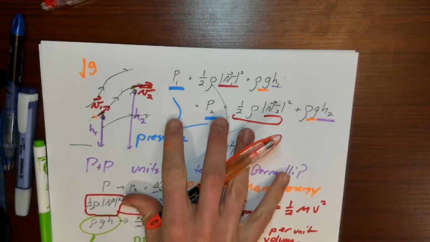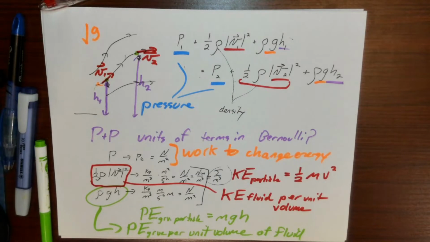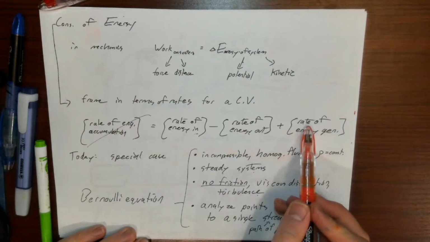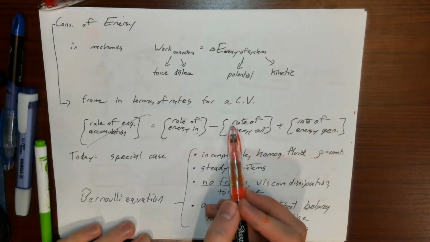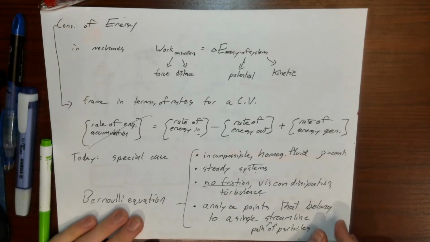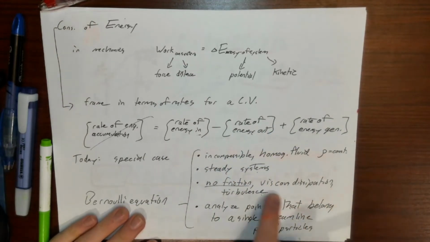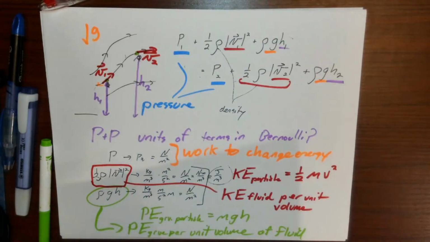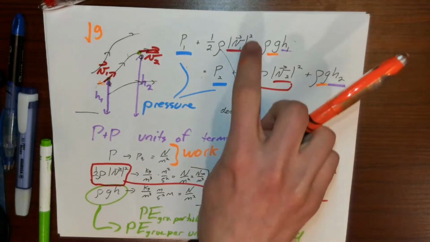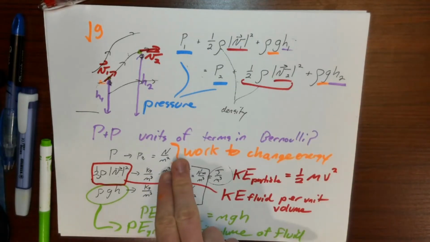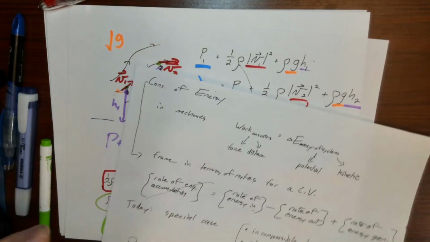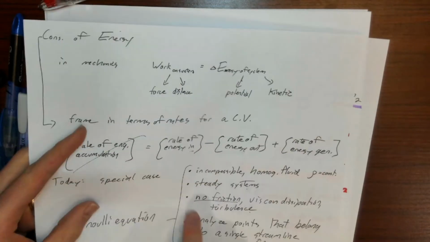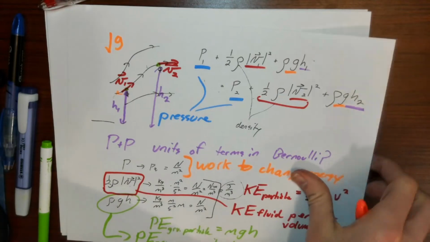We're going to use this only under a very restricted set of circumstances. But the more detailed derivation that we're going to do in a future lecture will account for friction, viscous dissipation, turbulence, all of that stuff. So, Bernoulli equation. Let's use it.